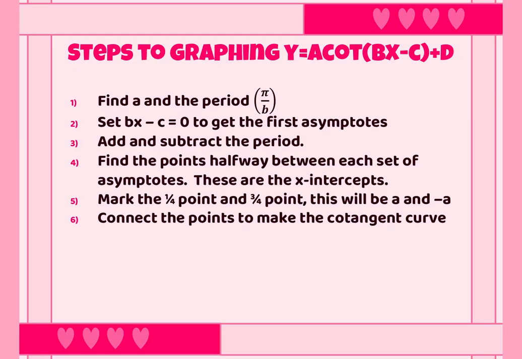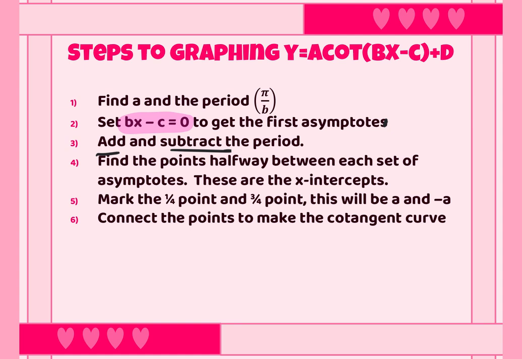The step process should seem relatively familiar. You're going to find A, which is the term on the front. That's your quarter point and your 3/4 point, just like it was with tangent, but it's reversed. It starts up and it goes down. Then you're going to set bx minus c equal to 0 to get the first asymptote. Just one asymptote. Then you're going to add and subtract the period from that one.